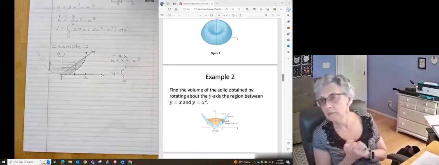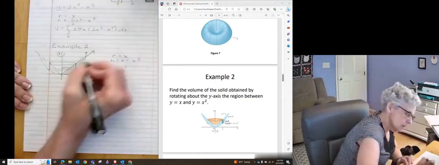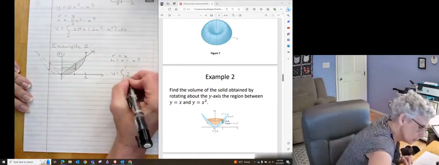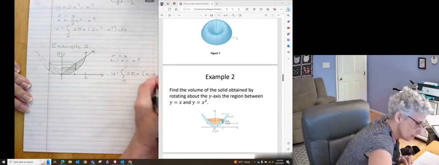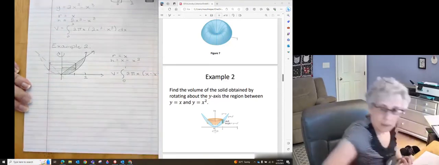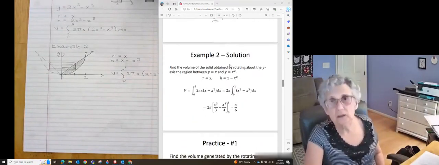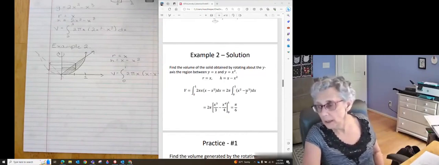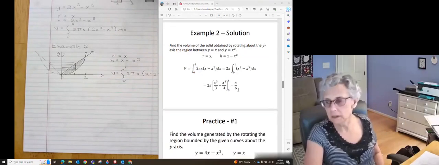We figured that out last time by setting x equal to x squared. They cross at 0 and 1. 2 pi times the radius, or the circumference, times the height. And again, you don't need to watch me do algebra and simple integration. You end up with pi over 6.